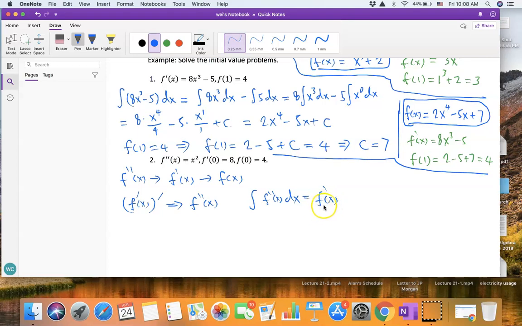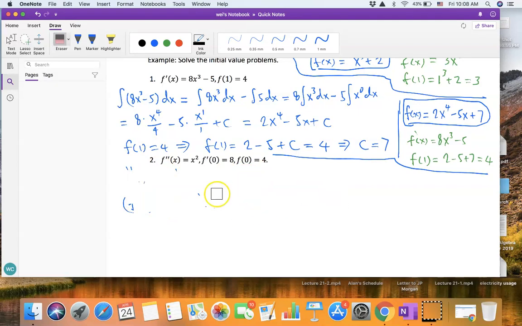In other words, the antiderivative of the second derivative function is the first derivative function. So we start by finding the antiderivative of the function x squared. And the antiderivative of x squared is x to the 3rd over 3.